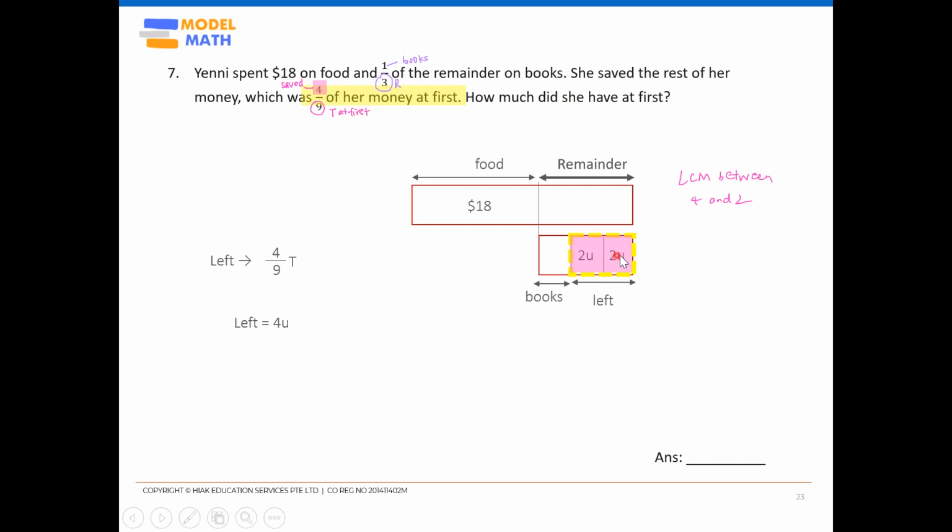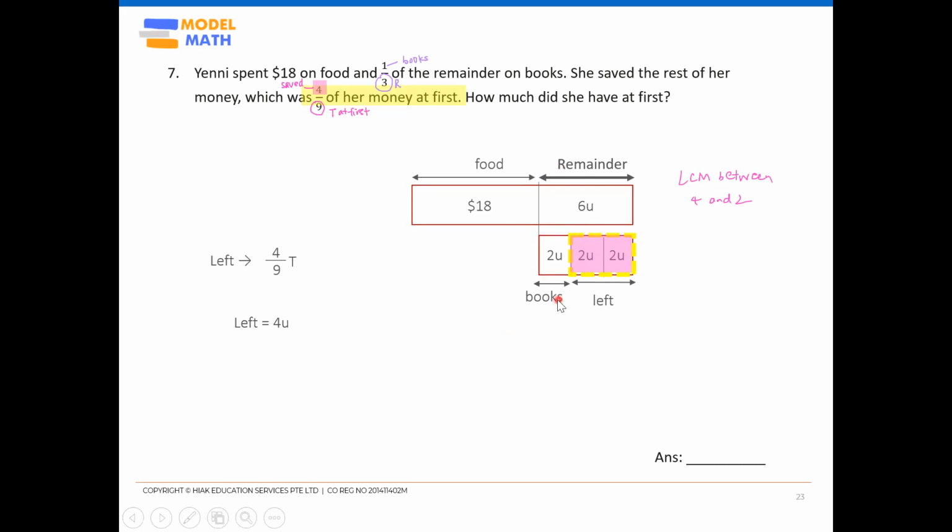For now it's still okay, but if you have many units to make this into, then it might not be so ideal. So this will be a neater way, just assigning 2 units to each of them. Now, of course, this will be 2 units as well. And how many units is this? You can now find the units for the remainder, which is 6u, 2 times 3.